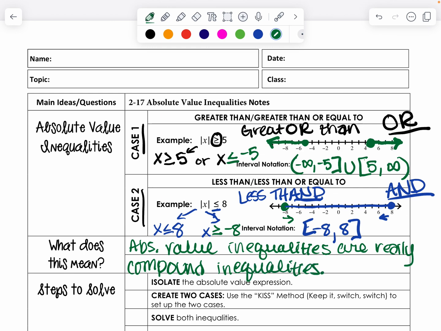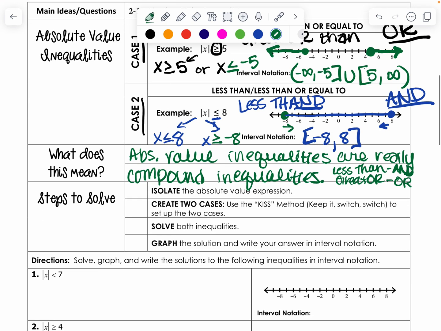Okay, so less than, remember, is going to be your and. Greater than is going to be your or. So really say it like that in your head and exaggerate it.